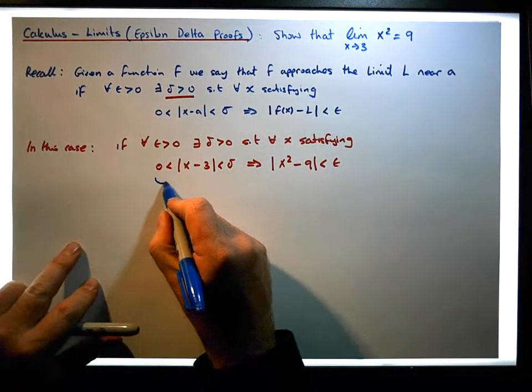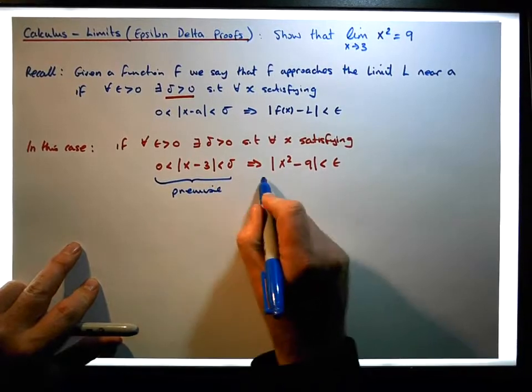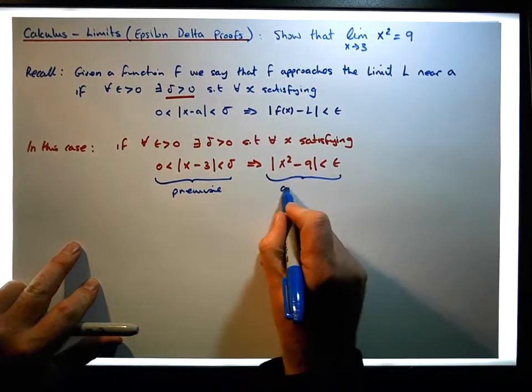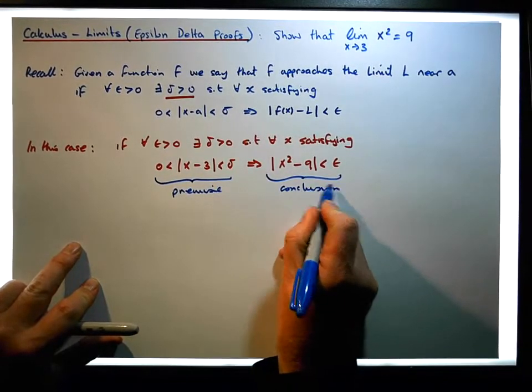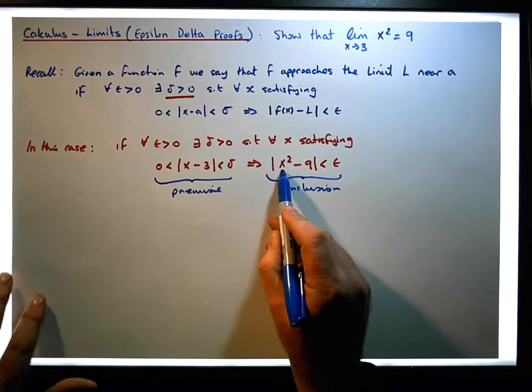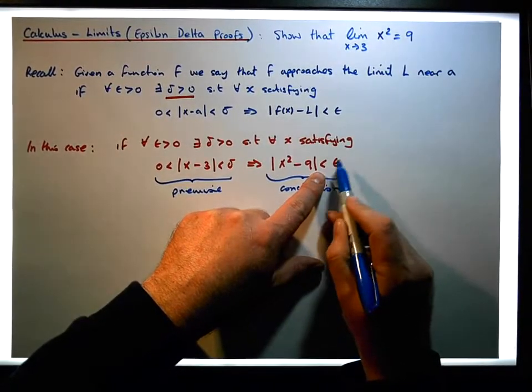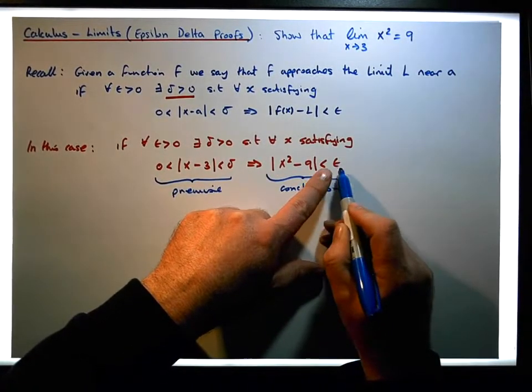The implication has the premise and it has the conclusion. So why don't we take the conclusion and explore, to see if we can find values of x that are less than some multiple of epsilon?